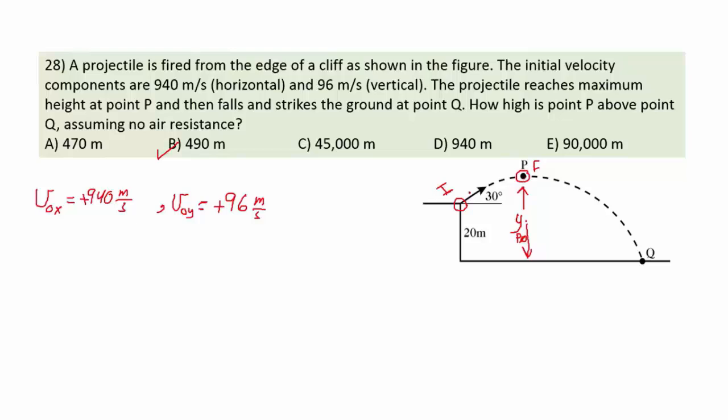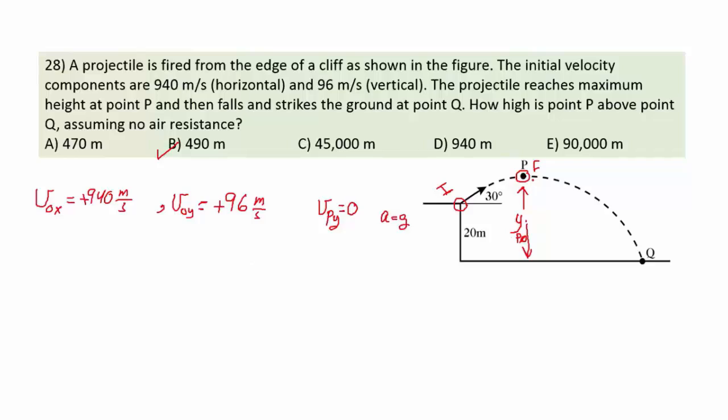Now we know at the final point, the velocity at point P in the y direction will be 0, because we know that at the highest point, the y component of the velocity will be 0. And of course, the acceleration is g.